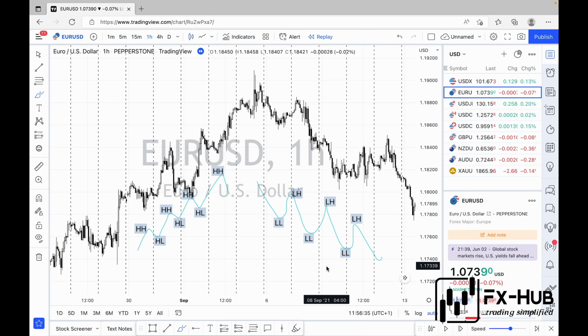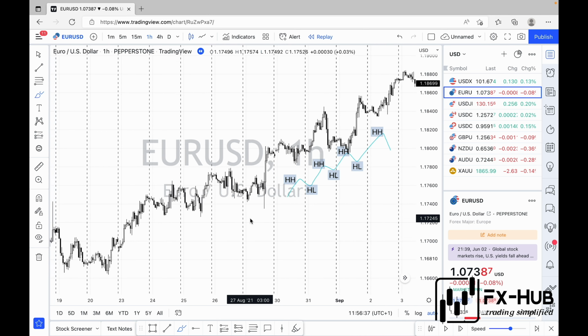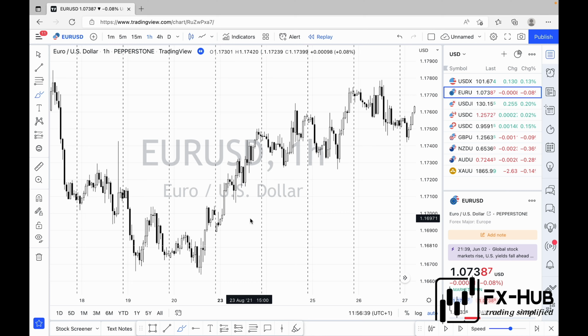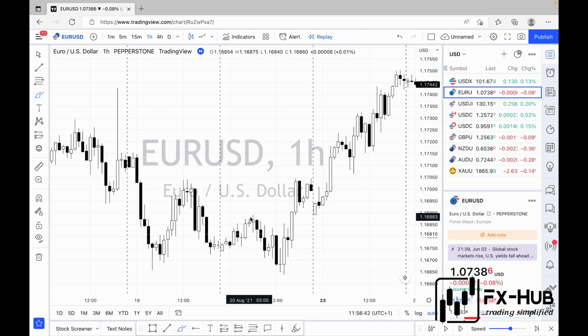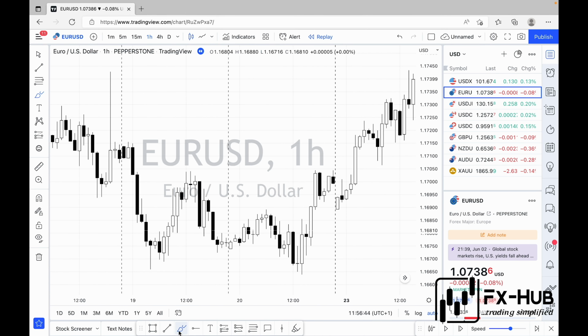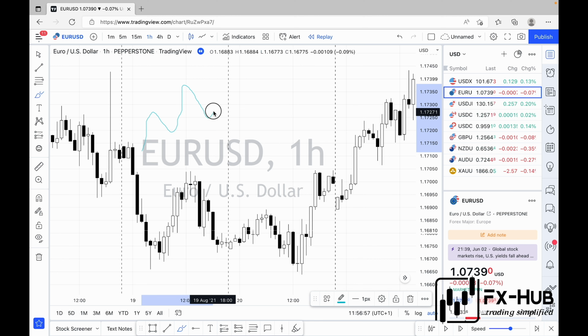So having said that, let's quickly shift this chart so we can draw something here. If you notice something like this on the market: high, low, higher high, higher low, another higher high, another higher low. Now pay very good attention to what I'm about to say.